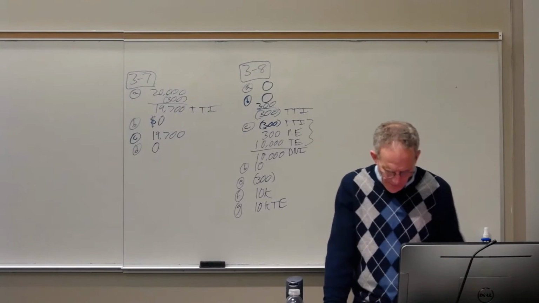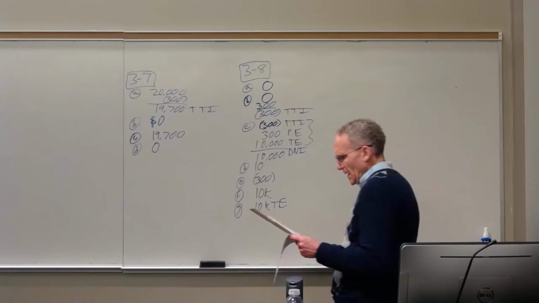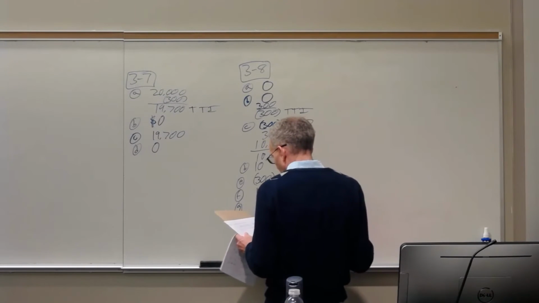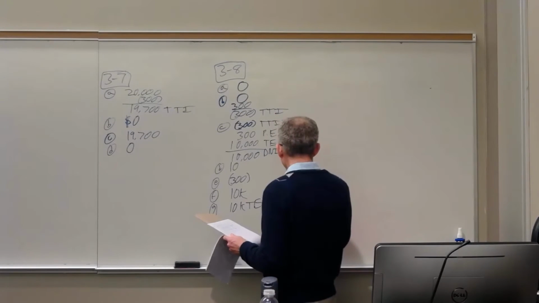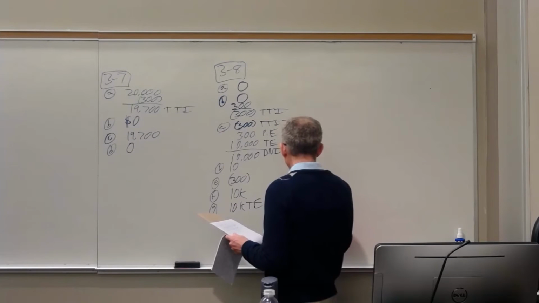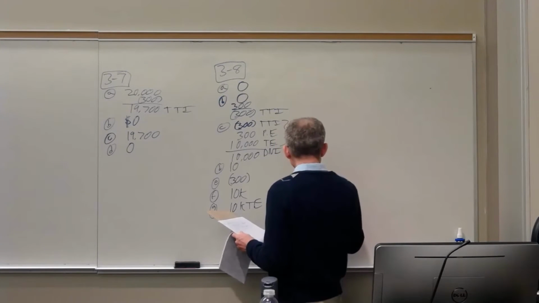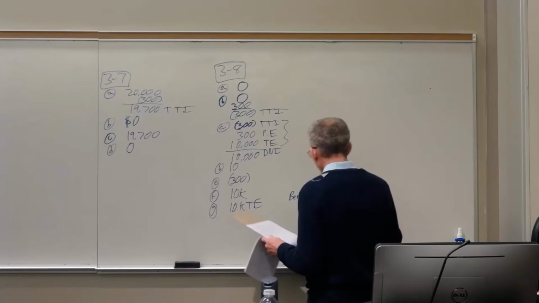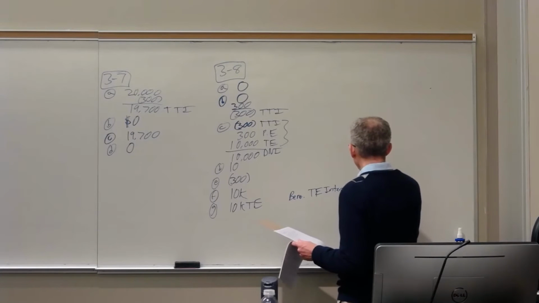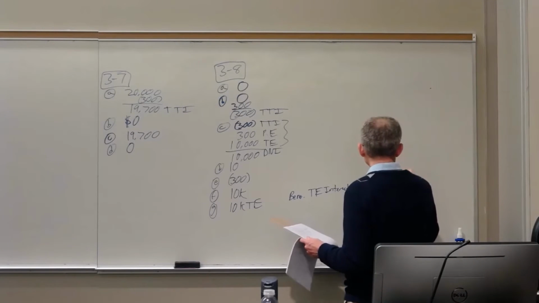So here, what ends up happening is the beneficiary's tax exempt interest is equal to the amount subject to tax times tax exempt over DNI.